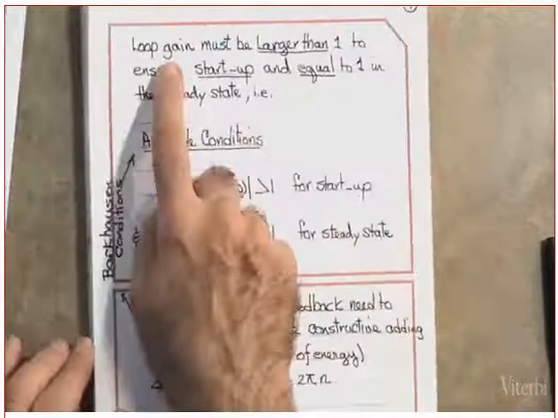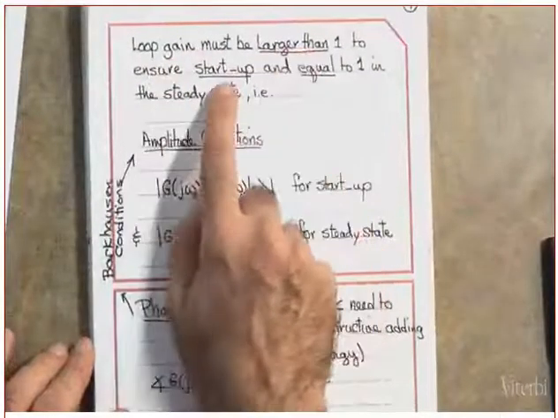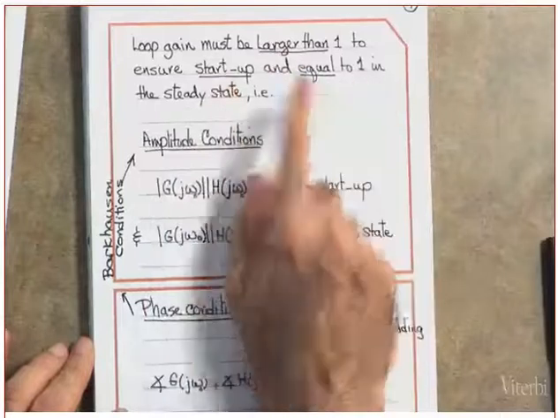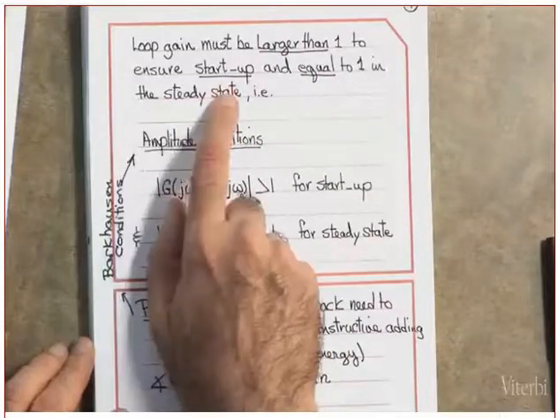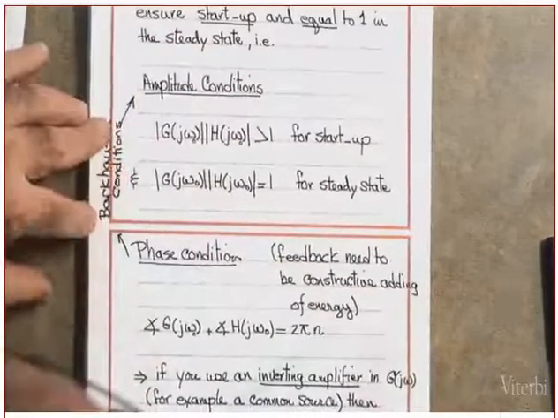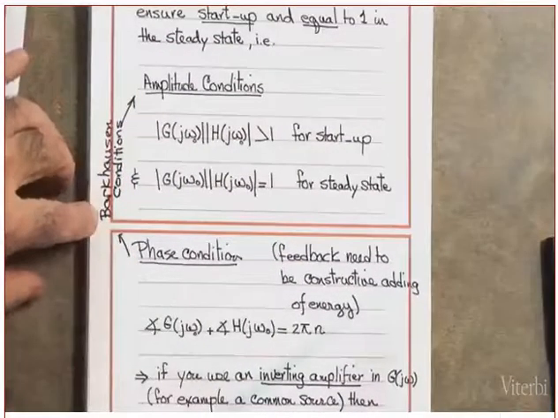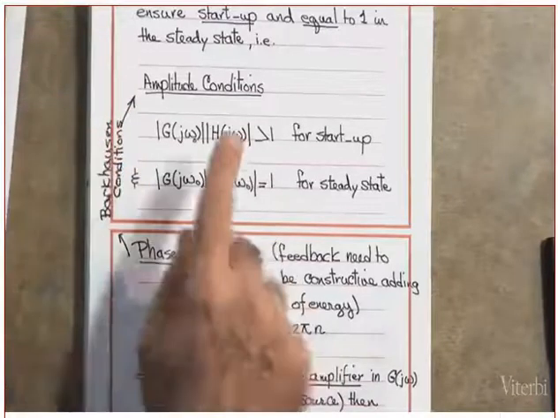Now, the loop gain, one more time, must be larger than 1 to ensure startup, and then equal to 1 at the steady state. Did you get this or not? Now, let's look at the conditions. These conditions are called the Barkhausen conditions, for the gentleman who came up with them. Clear? Okay.